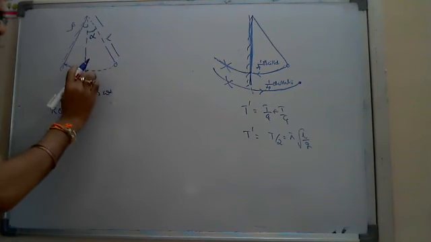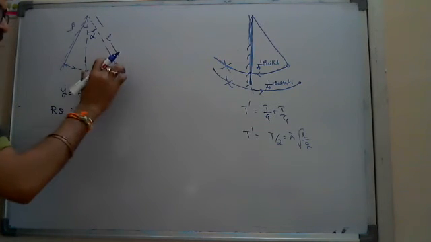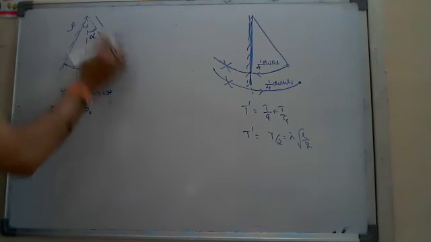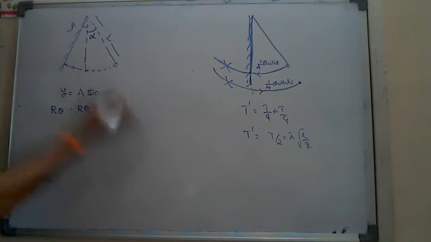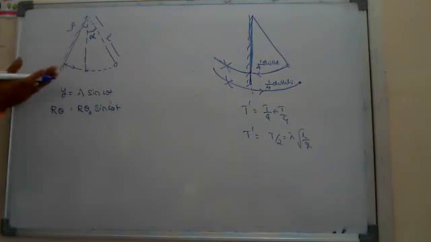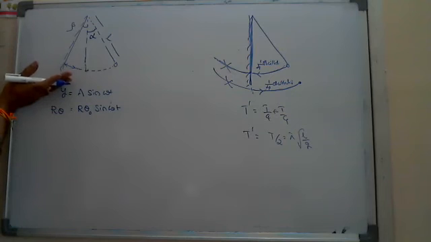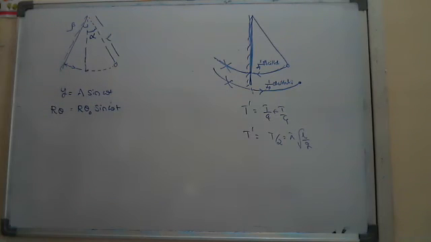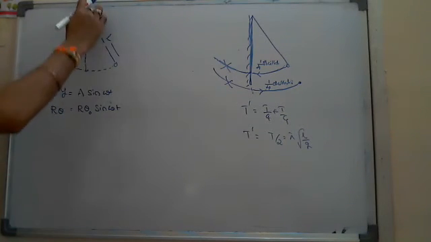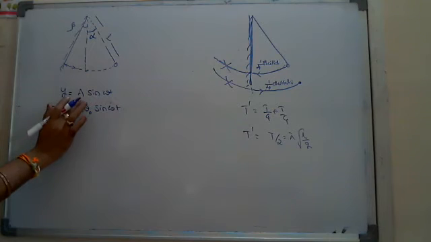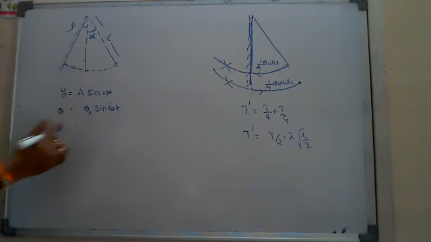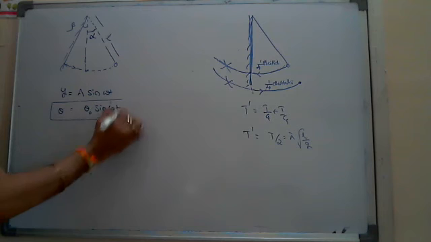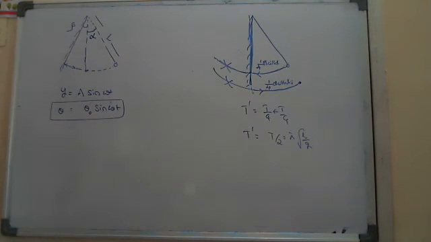So A is equal to, again, the sector arc length, which is radius into theta naught, into sine omega t generally we write. That means converting the linear displacement into angular displacement, where r is nothing but the length of the string. So on both sides the length gets cancelled. Then finally you will get theta is equal to theta naught into sine omega t.